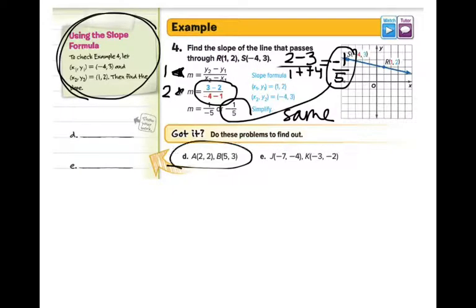Okay, so let's try it ourselves. Let's try D. I'll take the second y minus the first y. Okay, I'll color code this for you actually, just like they did. So I'll take second y minus the first y. And then in red, I will take the second x minus the first x.